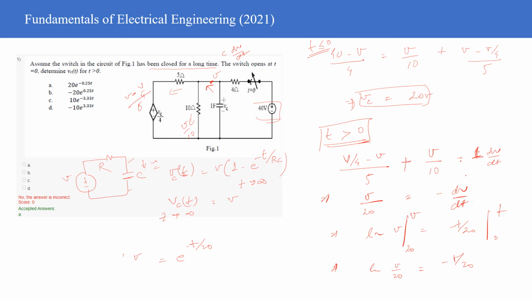And this will become equal to, with a minus sign, because you are taking the discharging potential of the capacitance. So the capacitance would be discharging, right? Therefore it is minus C dV by dt, and the current is going into this particular node, right?